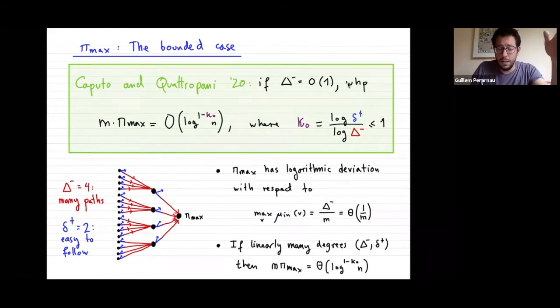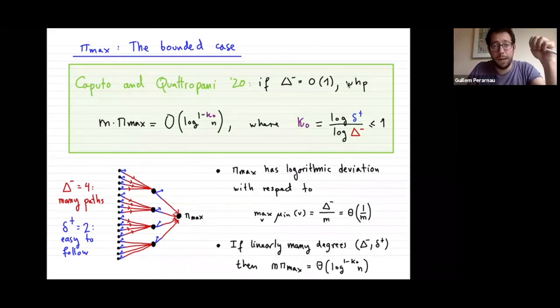Also, they can obtain lower bounds in particular cases: if you have linearly many vertices with these extremal degrees, then they can show that there exist some vertices that are that popular. It's not so unlikely to get these neighborhoods where everyone has the right profile to make you popular, and you can really get this deviation. So for the bounded case, this is the answer.